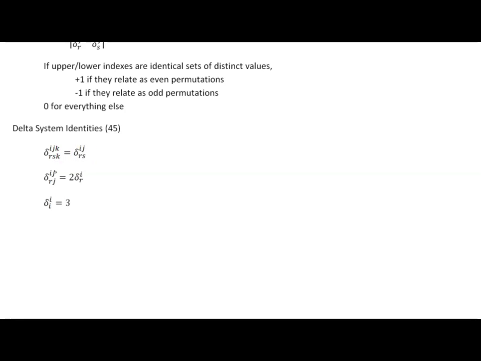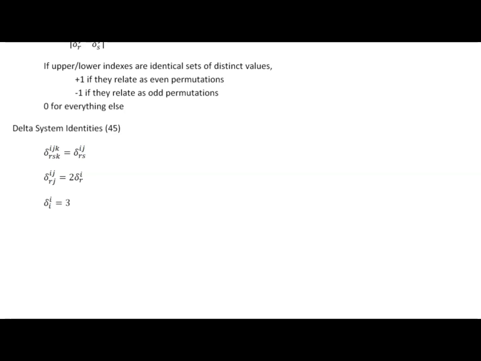If we contract one of the indexes on a 2 by 2 delta system, then it's equal to twice the single Kronecker delta. And when we contract the Kronecker delta itself, we just get the value of 3. It's an interesting pattern. It simply goes from 1 to 2 to 3, and each one relates to the next delta symbol in this fashion.